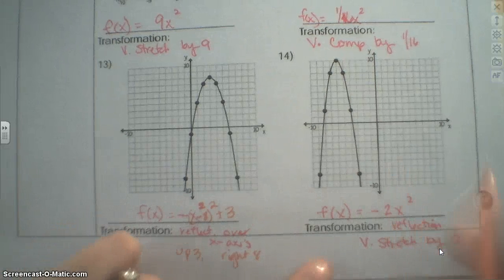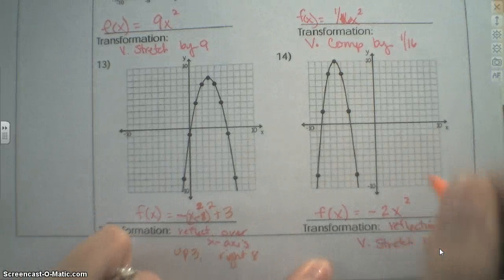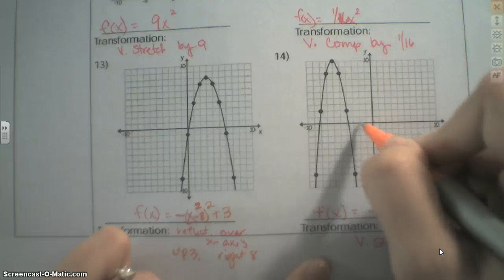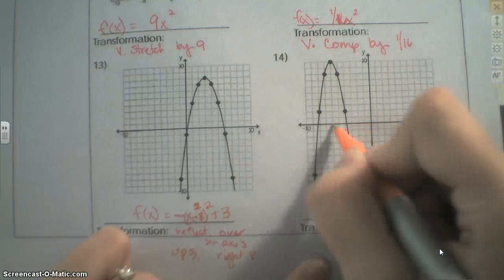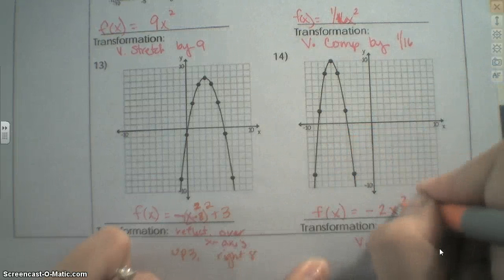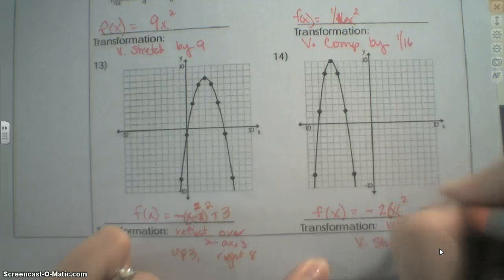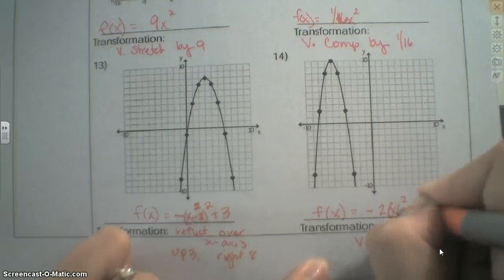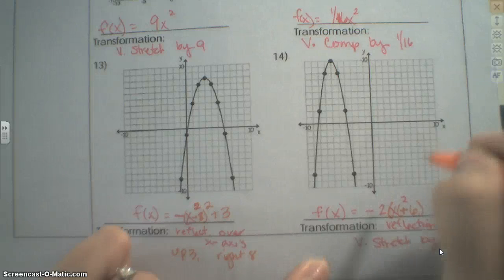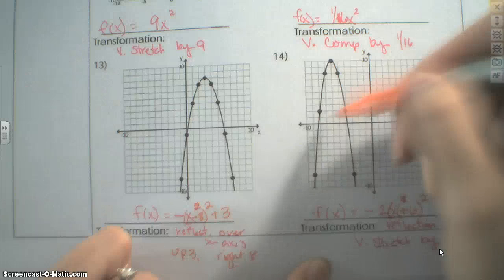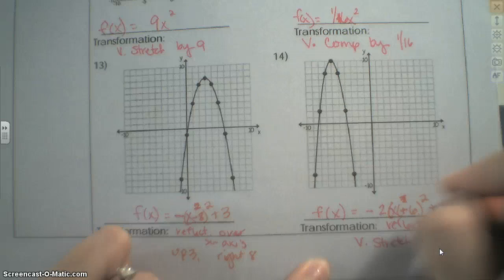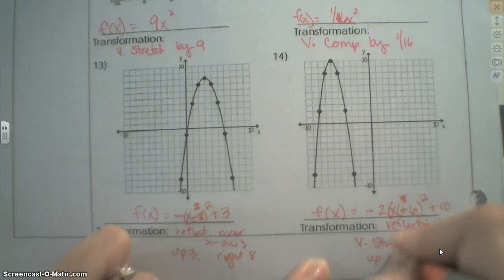All right, and then same thing with this one, which I forgot my stuff with it, but we went 1, 2, 3, 4, 5, 6 to the left. So with my x there, I'm going to put a 6. It's going to be a +6, and then my squared outside there. And then we went up 10, it looks like, so +10. Up 10 and left 6.